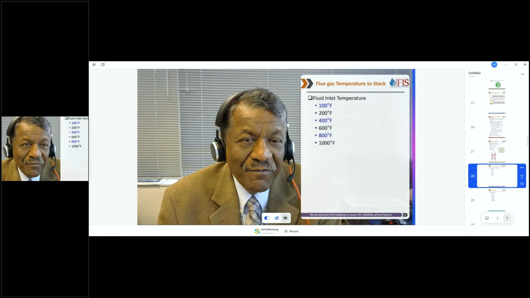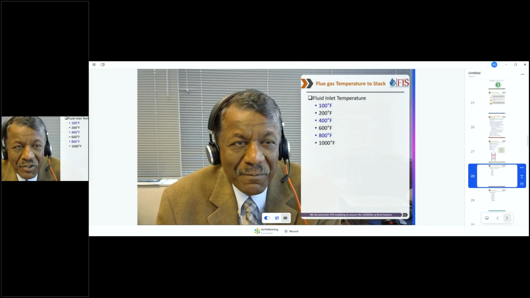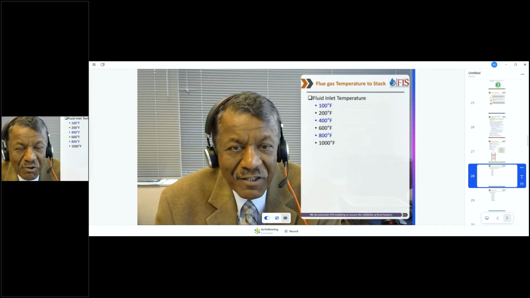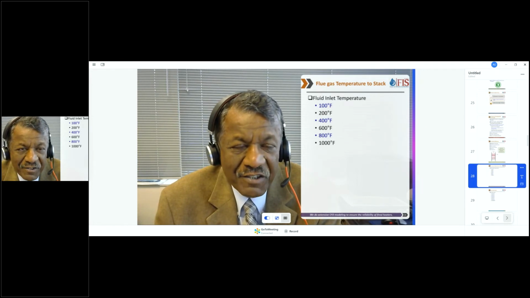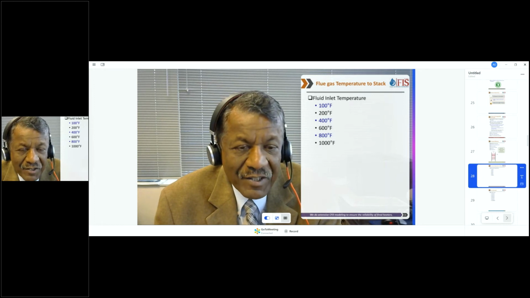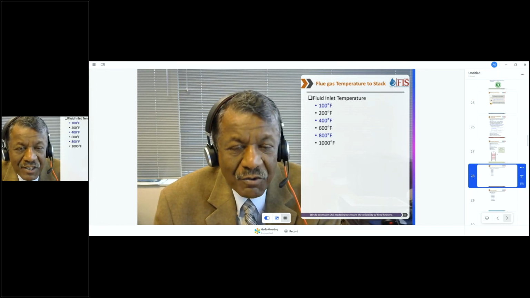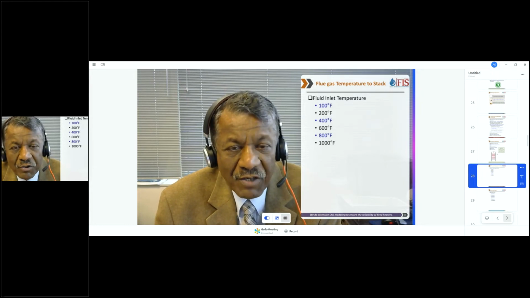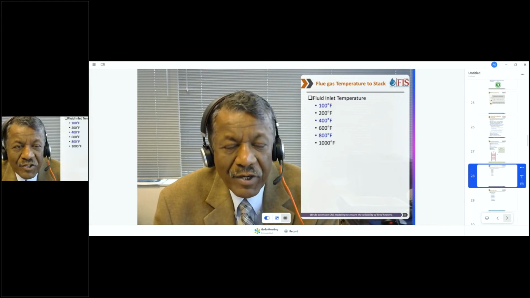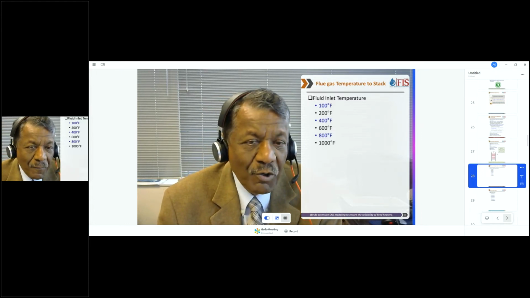So if my fluid inlet temperature is 100 degrees, I have tremendous possibilities of heat transfer just with the fluid itself. And there is something which is known as flue gas approach. What is my approach? Because I want to do the heat transfer. The lower the approach, more heat transfer area I will have to put.